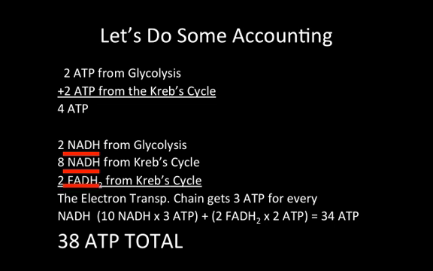The process can make up to 3 ATP from 1 NADH and 2 ATP from 1 FADH in the electron transport chain. So 34 ATP come from the electron transport chain in chemiosmosis. So the 4 ATP from the substrate level phosphorylation and the 34 from the oxidative phosphorylation give us 38 ATP from one glucose molecule.